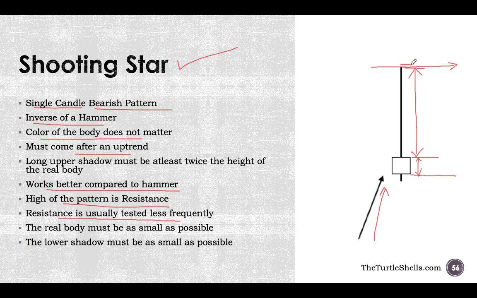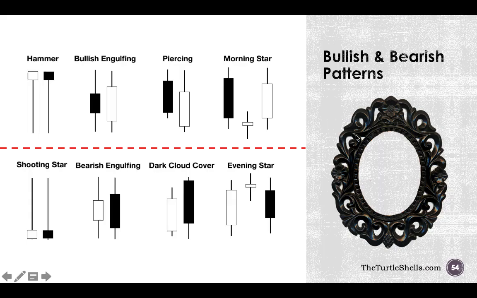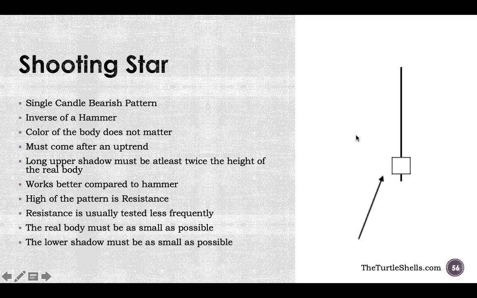Our stop loss will be above the high of the shooting star. Imagine this were a standalone shooting star which is not confirming any prior resistance. I would still be comfortable taking that trade, because resistance is usually tested less frequently.